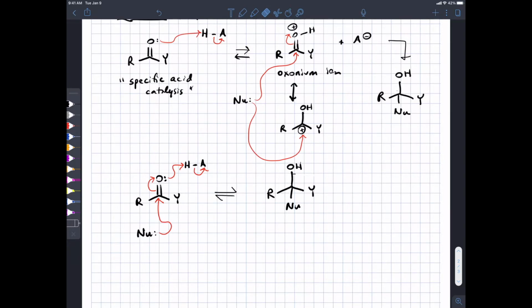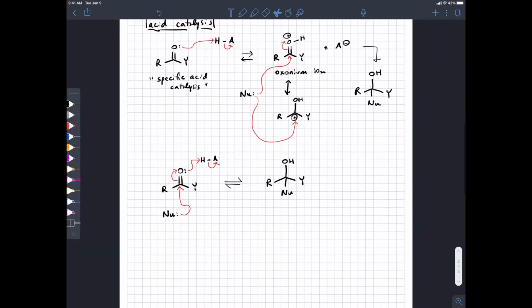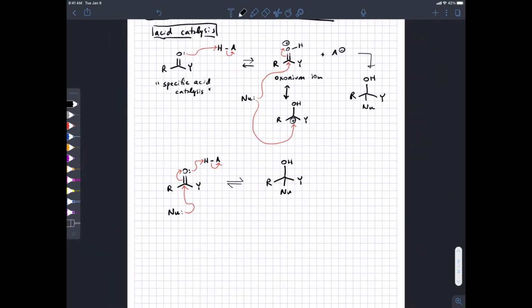And this happens a lot as well, and in terms of whether one happens or the other, there's a lot of factors that are involved in that, and I'm not going to ask you to predict whether it's one or the other.